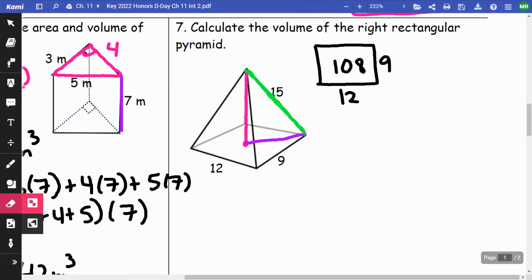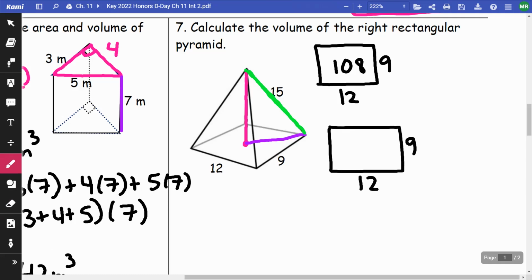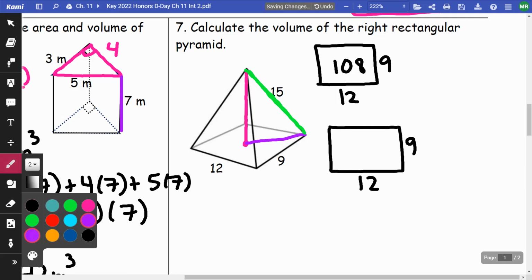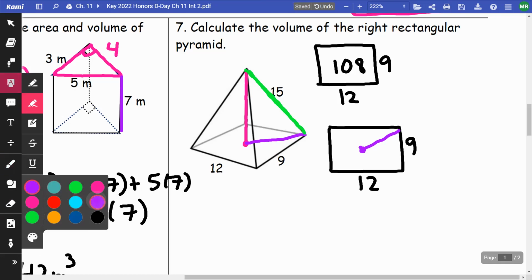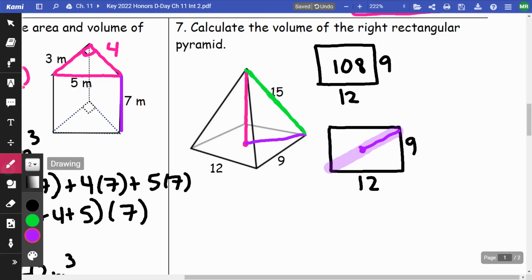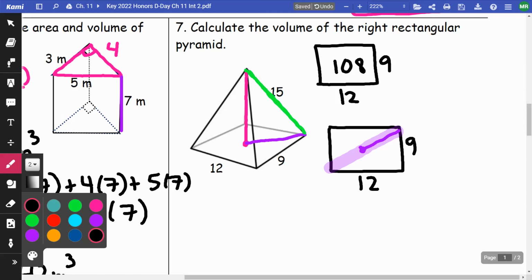So when I'm doing this, I'm going to need to find that value. Let me redraw this where I've got 9 here and 12 here. And I am going from the center of this basically out to here. Well, instead of finding that, what I'm going to find, and I'll do this in a highlight, is all the way from here to here, using the idea of Pythagorean theorem.